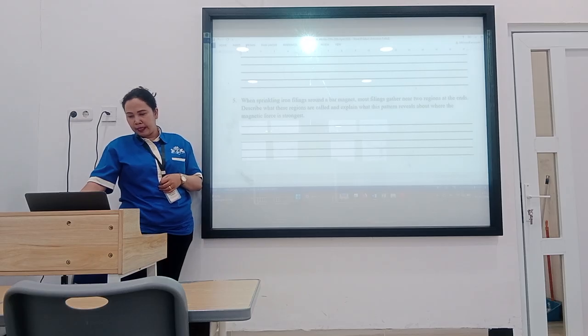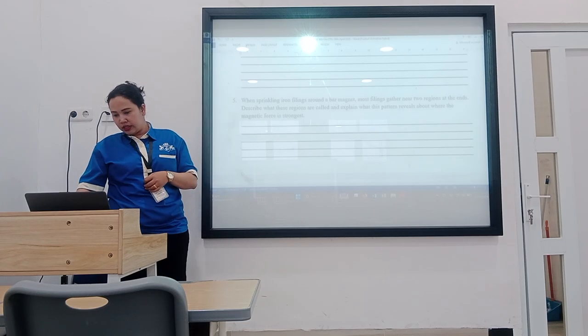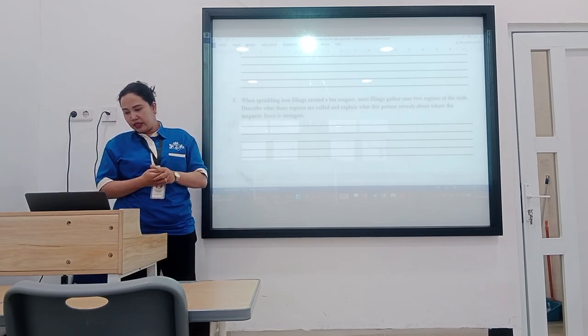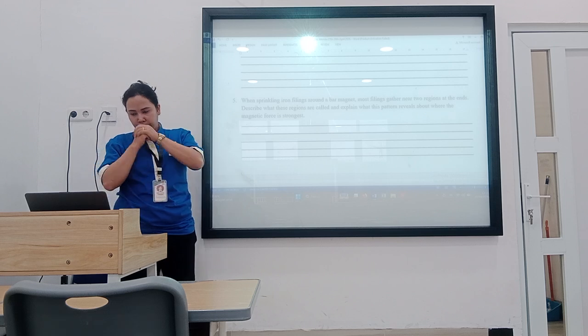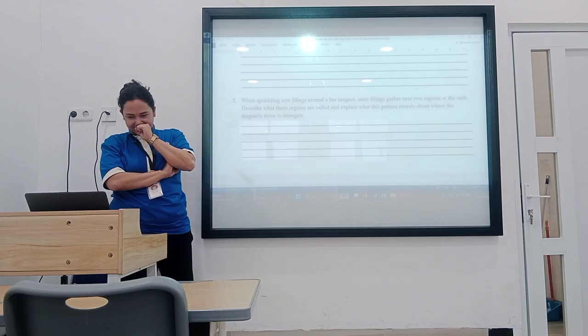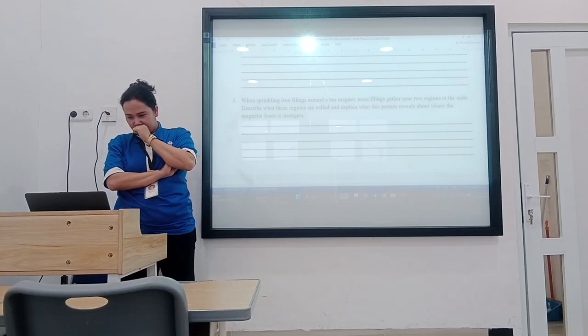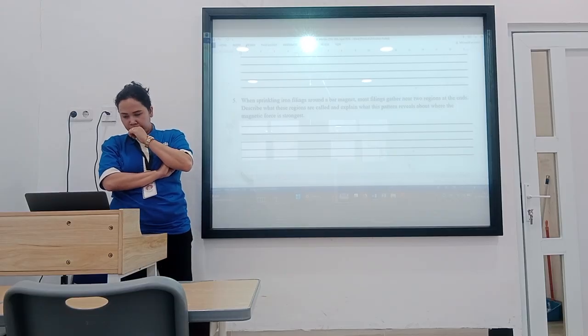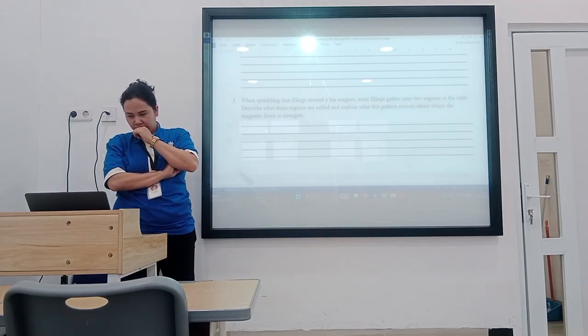So the filings, and the... I forgot the science terms. First, about where the magnet force is strongest. Okay, this indicates that the highest magnet strength is at the poles.